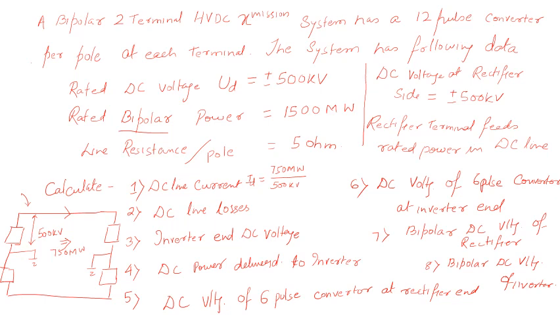This is one pole, the other pole is here. So if you calculate the line losses, whatever ID you get, ID square into R, ID square into 5. That's the line loss expected on this side.